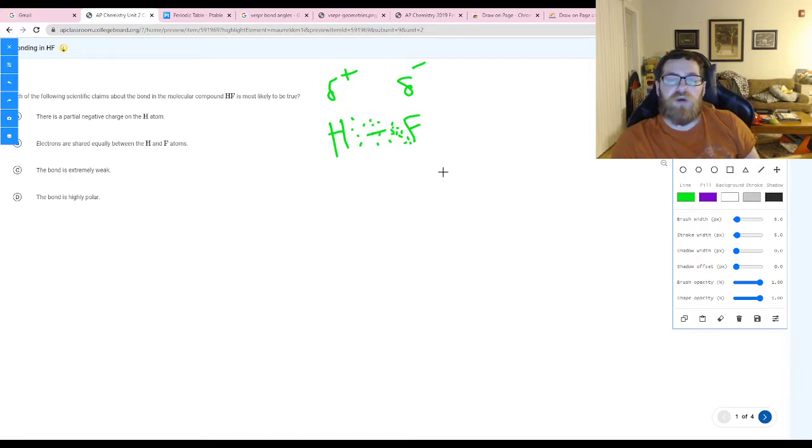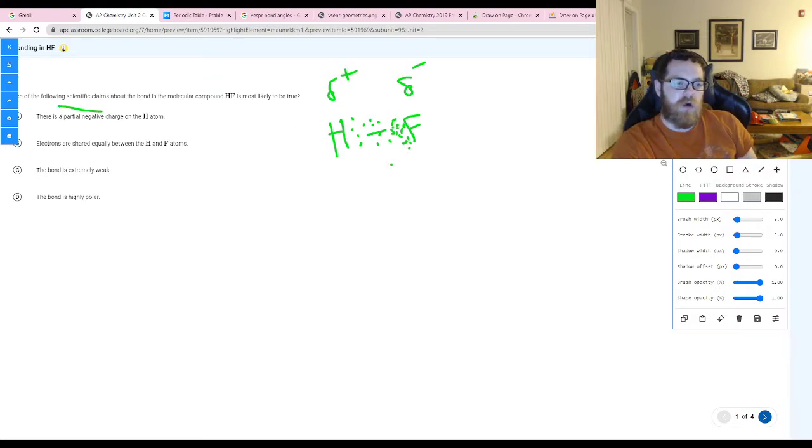But because fluorine is getting the electrons so much more often, it has a partial negative charge due to the electrons being there. And because hydrogen is more often than not lacking in the electrons, right? If this is a density chart of on average where they are, you're much more likely to find them near fluorine. And so we say hydrogen is more likely to be lacking in it, so it has a partial positive charge.